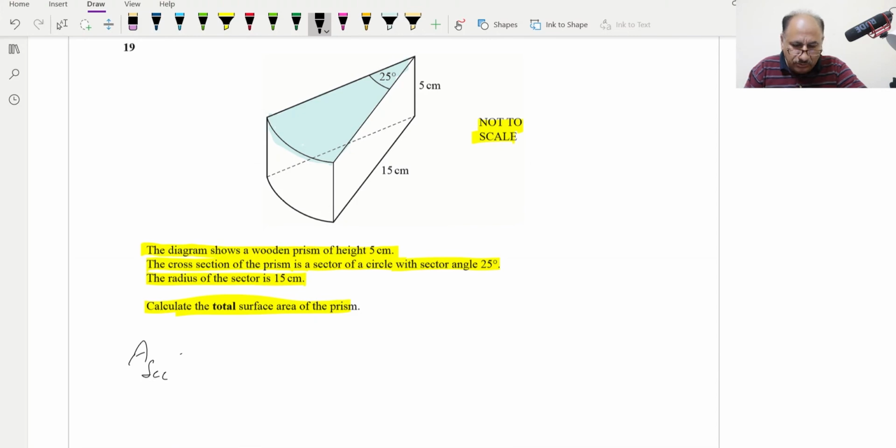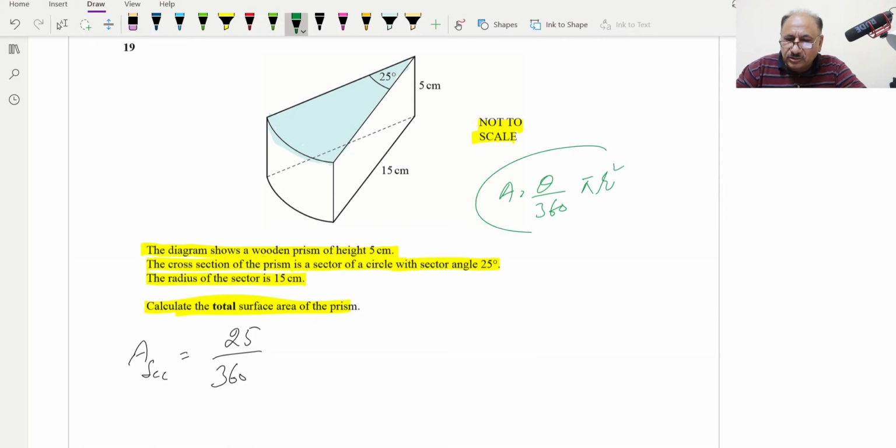Area of sector is equal to what? Theta over 360. The area of the sector formula I will write here for you: area is equal to theta over 360 into pi r squared. This is the formula which we will be using, where theta is 25, so 25 over 360 into pi, and r is 15, so 15 squared.